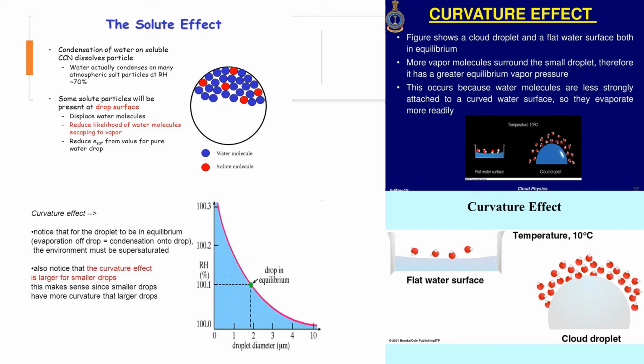cloud droplets. So in the real world, over the landmass, where large concentrations of nuclei exist, there may be many hundreds of thousands of droplets per cubic centimeter, all competing for the available supply of water vapor to make that condensation nucleus or droplet bigger.